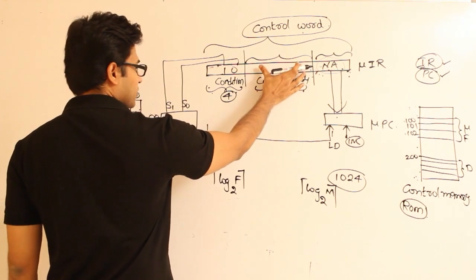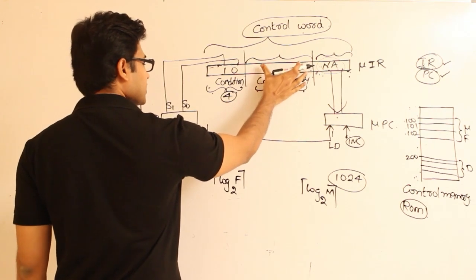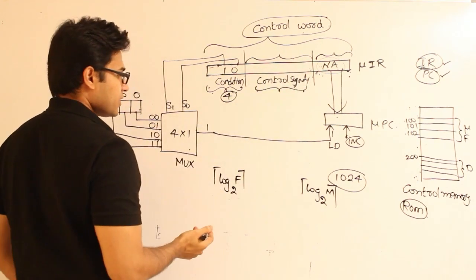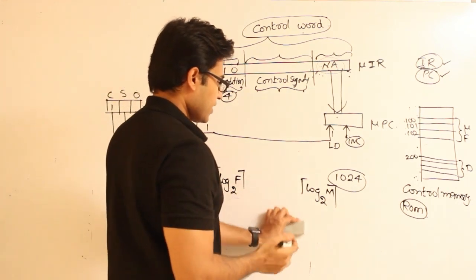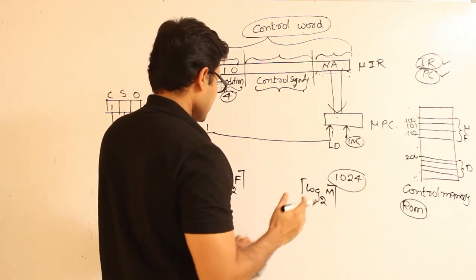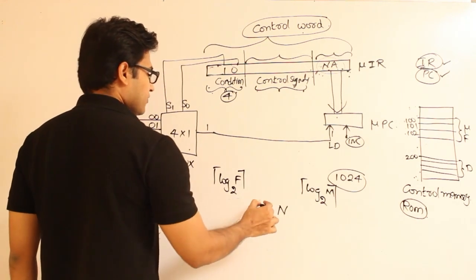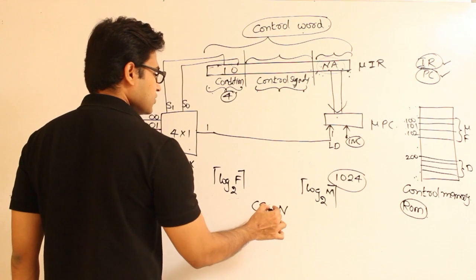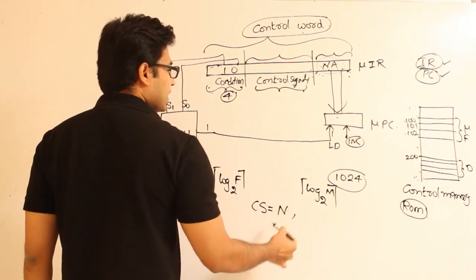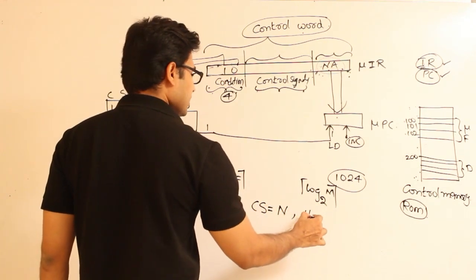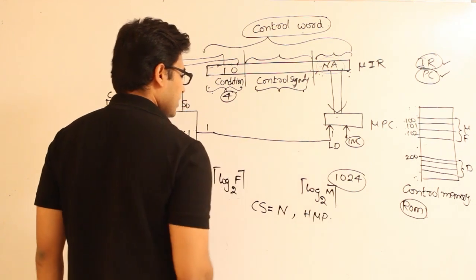The size of this one should depend on the number of control signals which are required. Let us assume that the number of control inputs required for all the elements put together is capital N, right? Therefore, the size of this control signal part is going to be capital N in case of horizontal microprogramming, right?